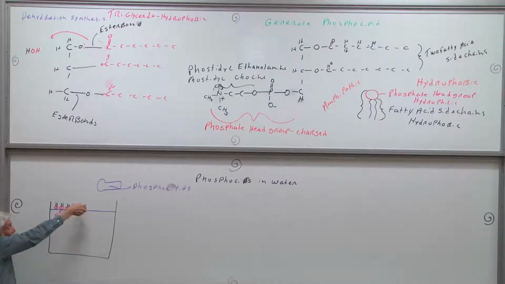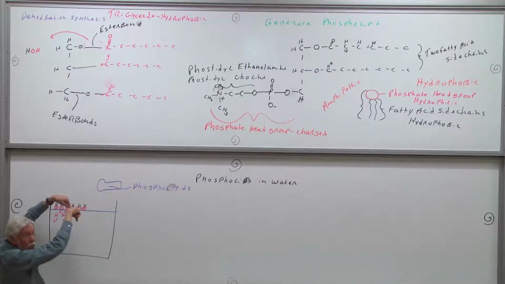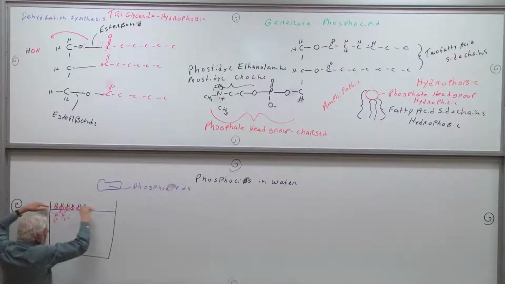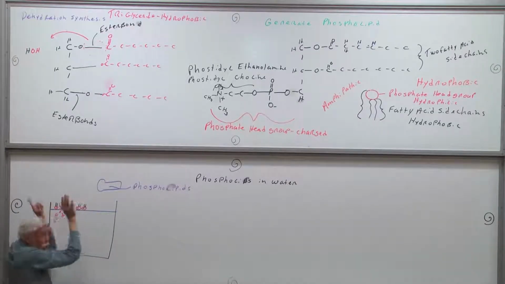If you imagine these as little beach balls with their tails on them, the beach balls are going to face the water because of the charge, and the tails are going to turn away. So you'll end up with a monolayer, a single layer of phospholipids with their heads facing the water and their tails pointing upward.